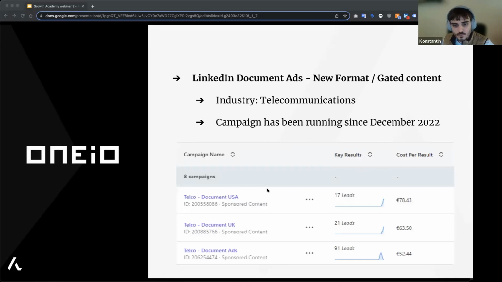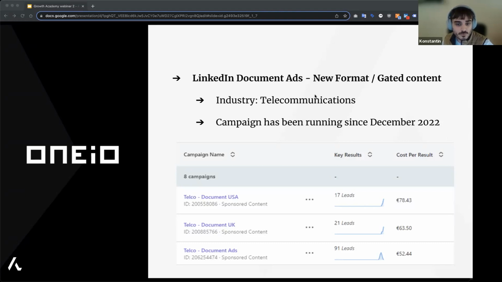And what we did for them was LinkedIn document ads. Something I could add is that this is a very new format, and this format is gated content. So when someone sees the ad, they click it, and the information of their LinkedIn account is taken automatically to the form, and then you capture the lead.